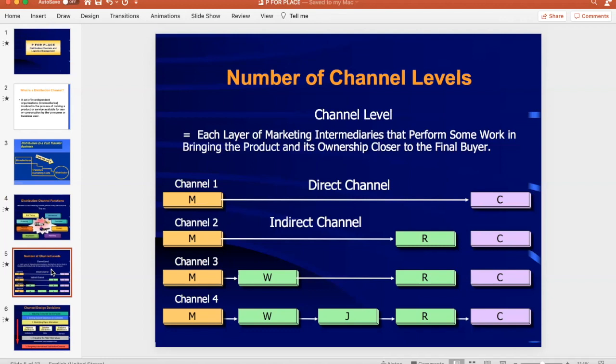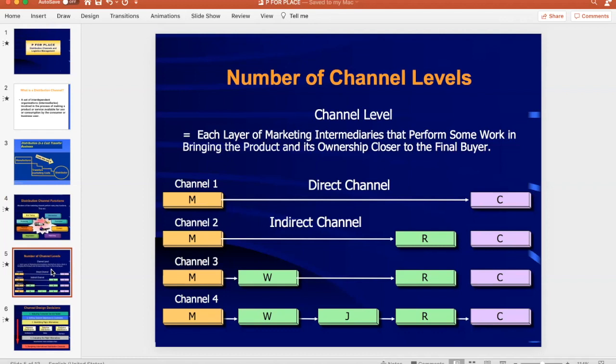So you could have multiple different intermediaries between the manufacturer and the consumers. The best method is not to say that the more intermediaries, the better; you need to have the right, suitable amount of intermediaries. Sometimes it's better to have less, and sometimes it's better to have more, because each intermediary provides a quality of support.